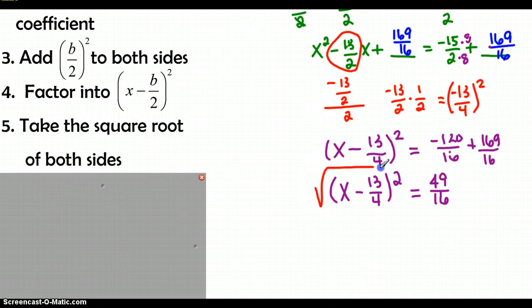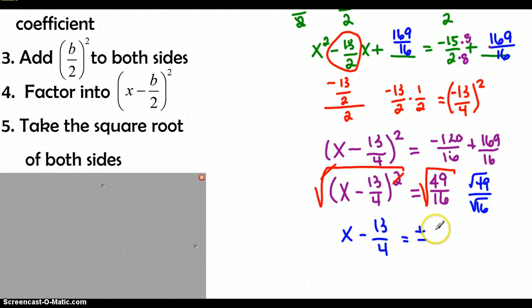So if I take the square root of the left-hand side, the square crosses off with the square root, and I need to take the square root of 49 sixteenths. So x minus 13 fourths equals positive and negative. The square root of 49 is 7, and the square root of 16 is 4. So I have positive and negative 7 fourths.